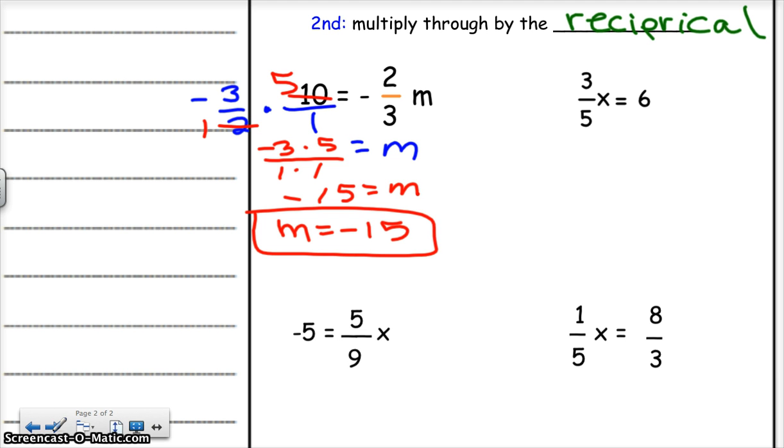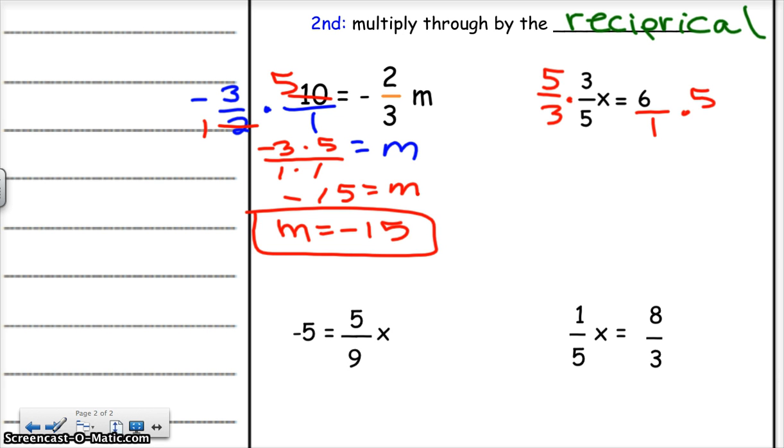Next one. I see a whole number. Put a 1 on the denom. This is saying 3/5 times x. To undo times you divide. To divide a fraction, you multiply by the recip. All I say is get rid of the fraction. How do you get rid of the fraction? By multiplying through by the reciprocal.